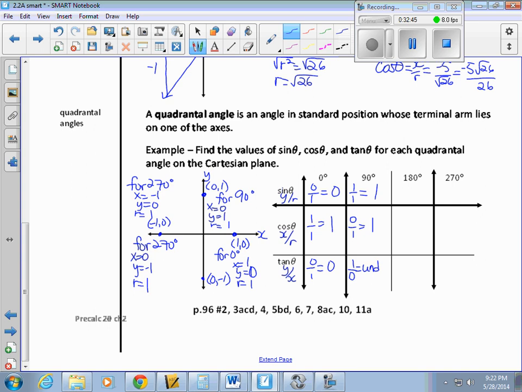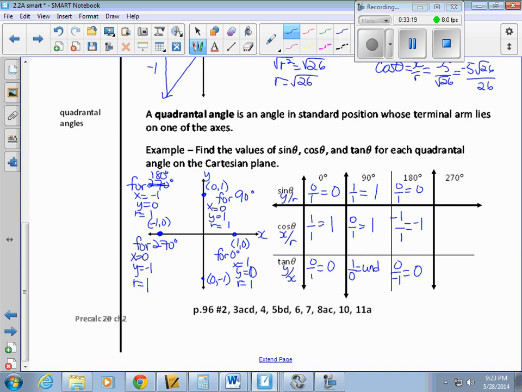This said 270, they should say 180, sorry. For 180 degrees, so that's this point right here, y over r is 0 divided by 1, so that's just 0. X over r is -1 divided by 1, so that equals -1. And then tangent is y over x, so that's 0 divided by -1, so that just equals 0.